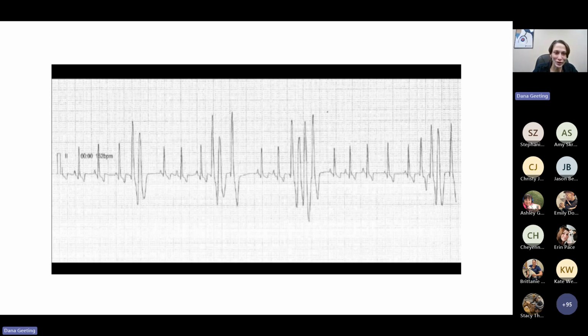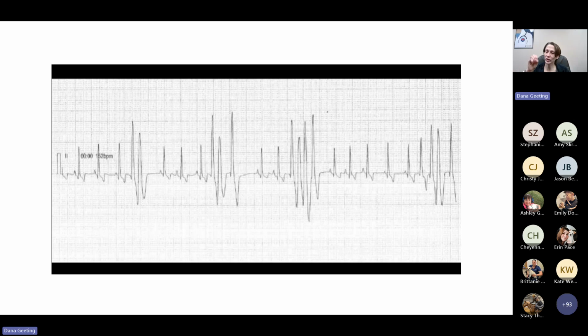So this one here is where you have your R on T. Here you can see how it's a very fast heart rhythm. It's going to look different than your VPCs. You're usually going to have your R on T, and then another very fast complex right afterwards.